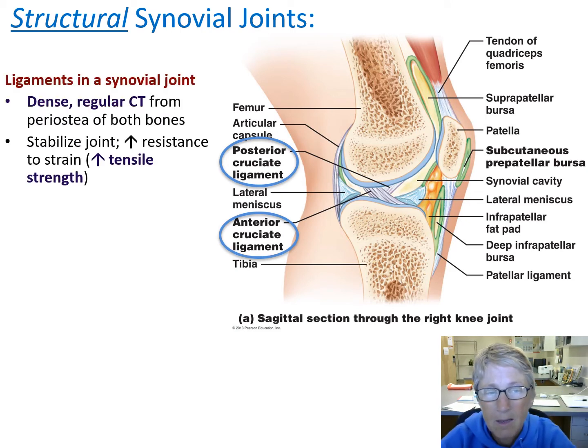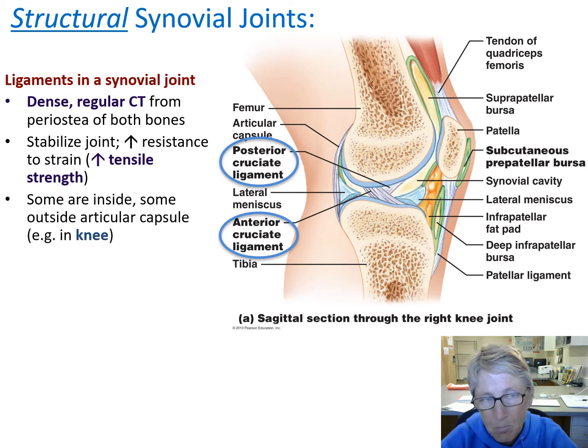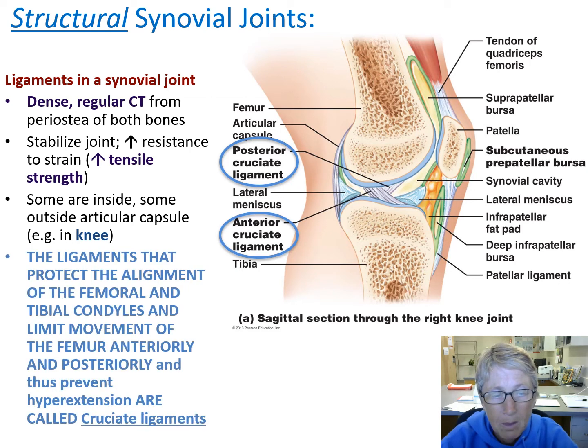Ligaments in the synovial joint are made of dense regular connective tissue, and they are there to stabilize the joint. Specifically, these cruciate ligaments protect the alignment of the femoral and tibial condyles, and they limit the movement of the femur both anteriorly, or forward, and posteriorly, backwards.